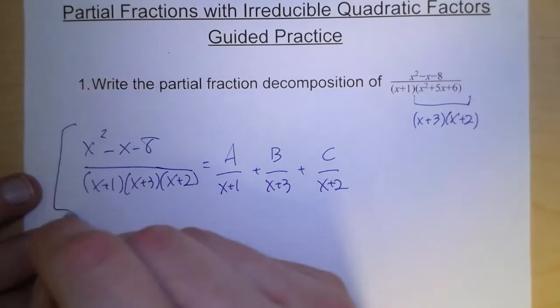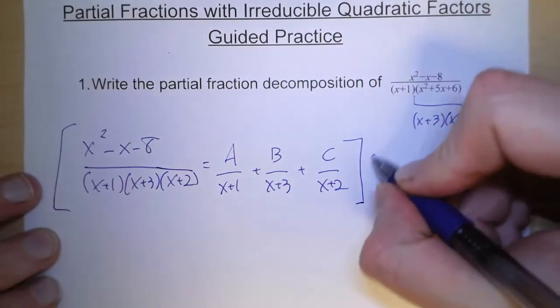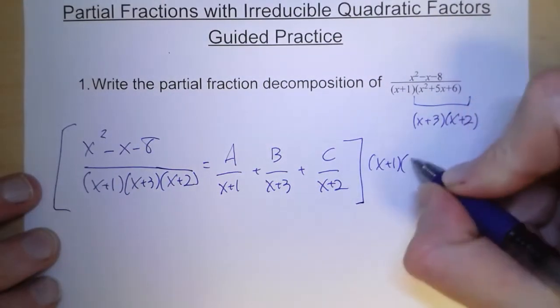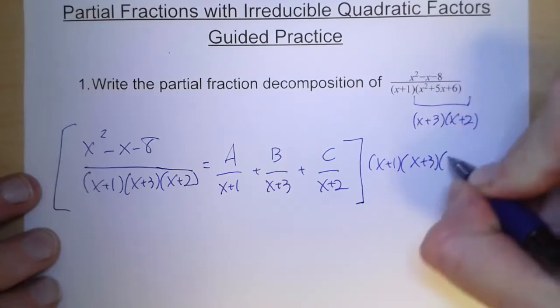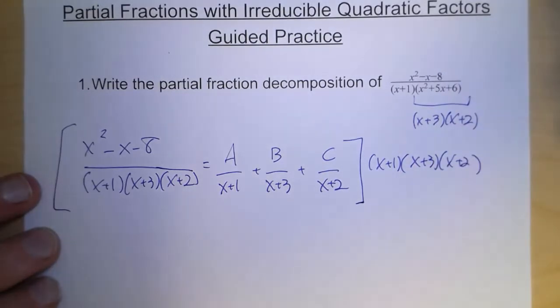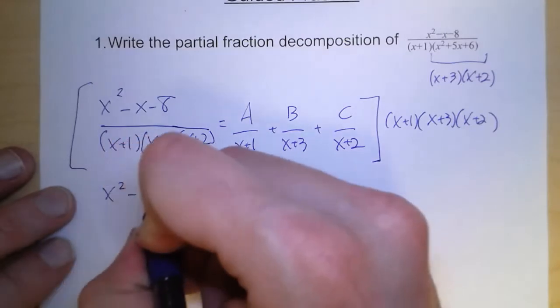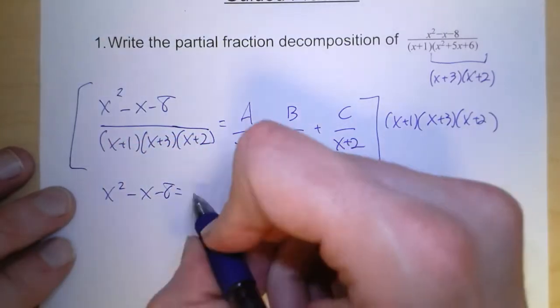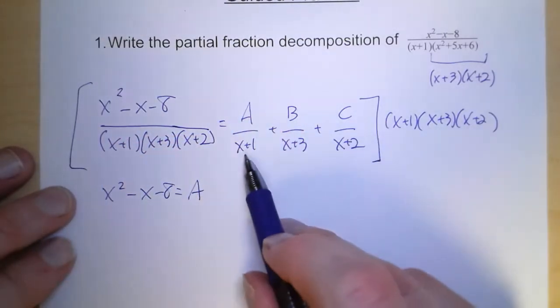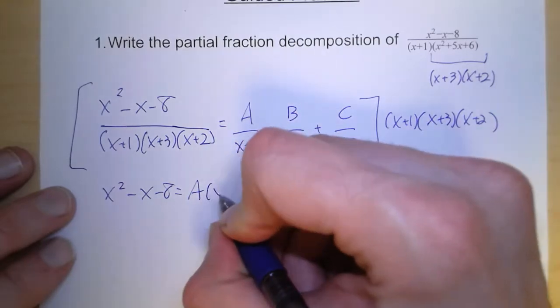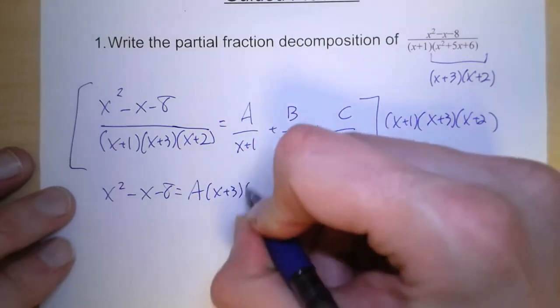Then we're going to multiply everything by x plus 1 times x plus 3 times x plus 2. And so we're left with x squared minus x minus 8, and that equals a. Now x plus 1 is going to cancel, and we're going to be left with x plus 3 times x plus 2.